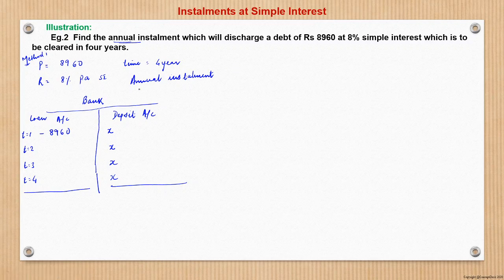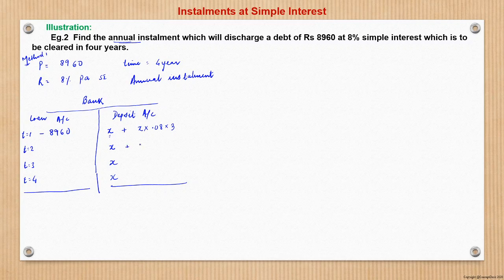So the installment paid at the end of first year will earn an interest of x into r. R is 8% per annum, so that is 0.08. And since the installment is paid annually, this is paid at the end of first year, and we are seeing the position at the end of fourth year. So this will earn interest for 3 years, right?